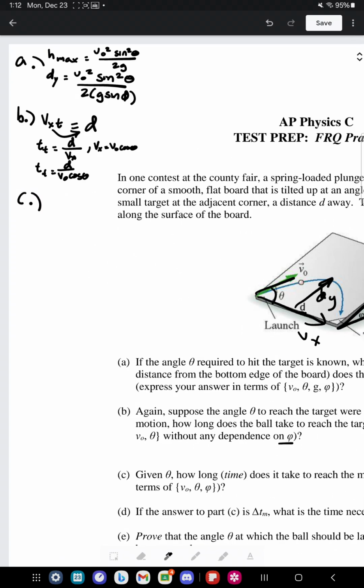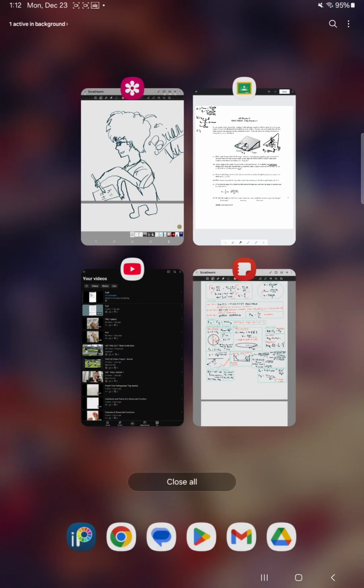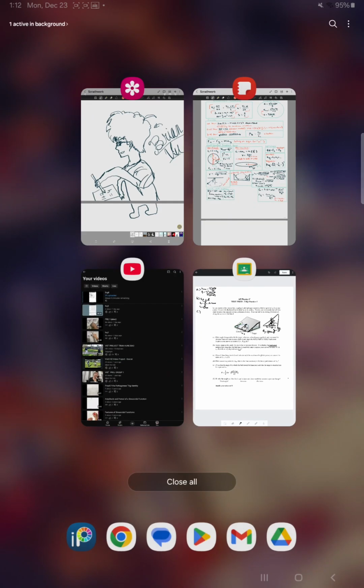For part C, it asks us how long it would take to reach the maximum height. Since the acceleration is constant, I'll be using a equals vf minus vi over t.